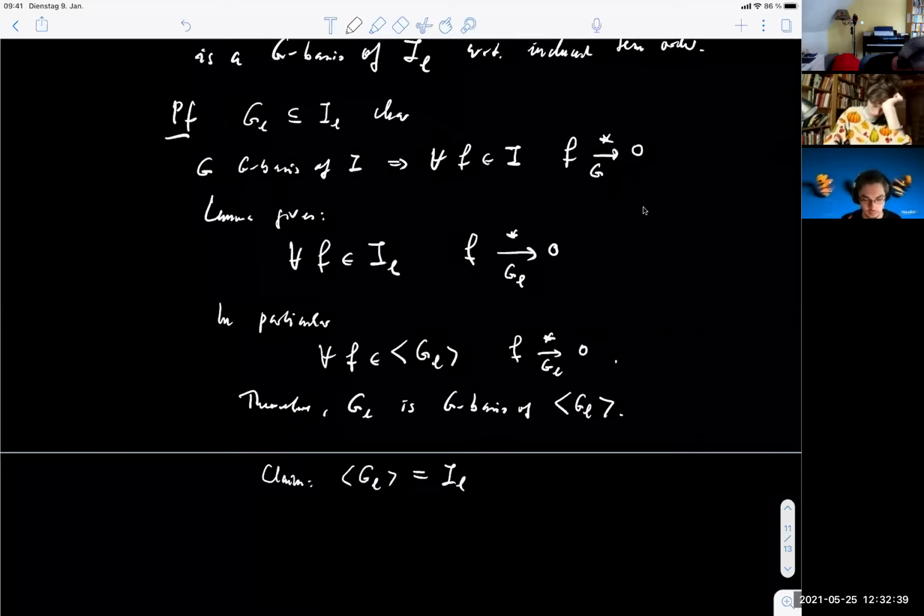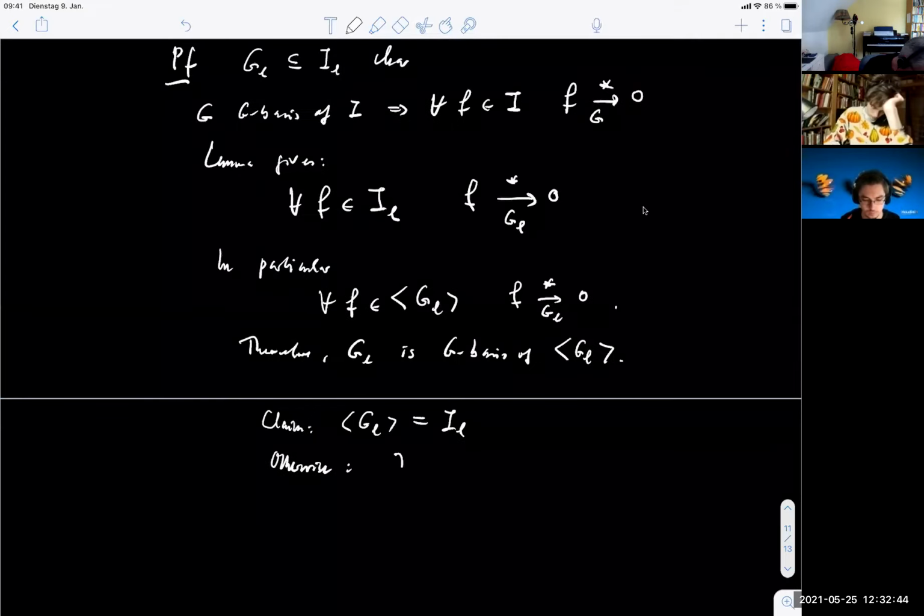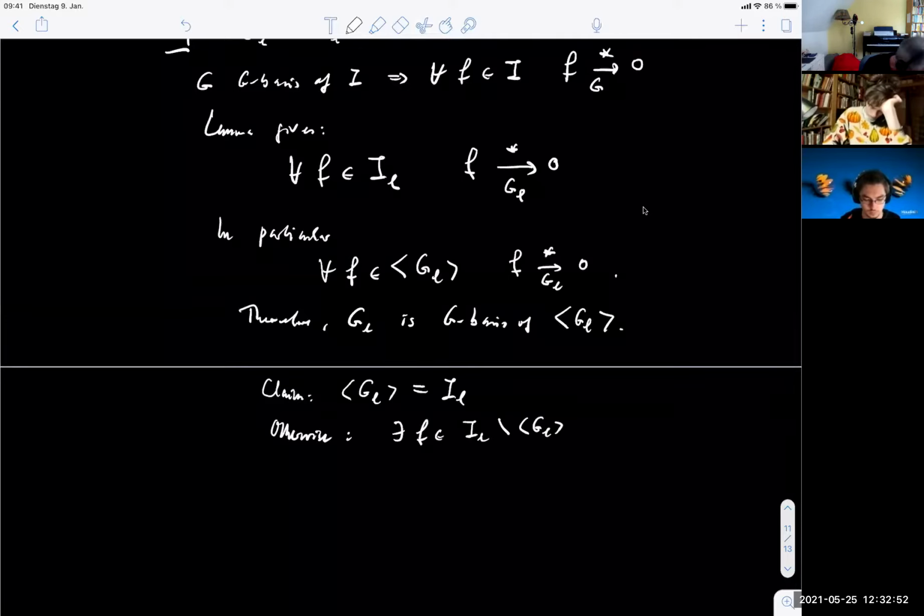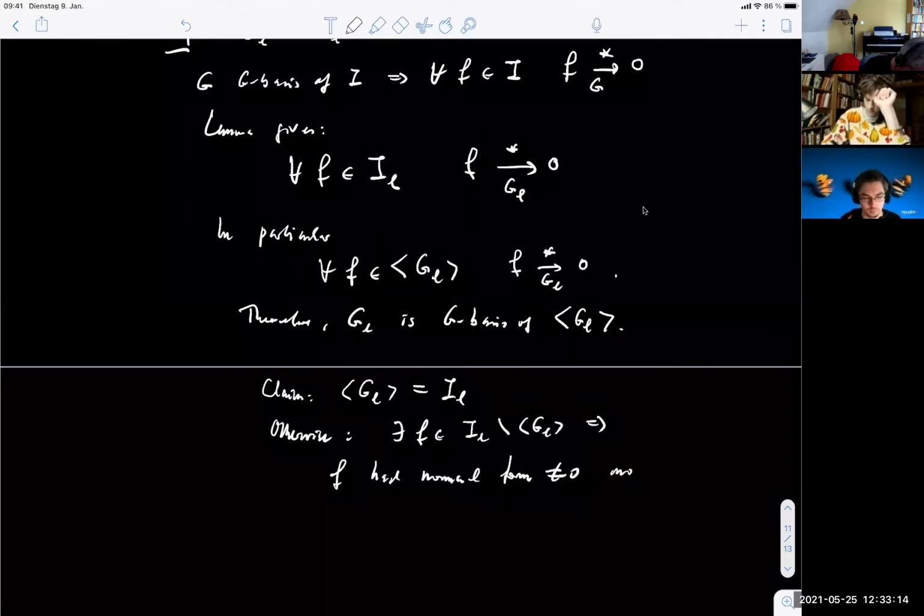Otherwise, let's say, if I had some F in EL which was not in that ideal, then F would have a normal form different from 0 mod GL. Okay, because this is a way to test.